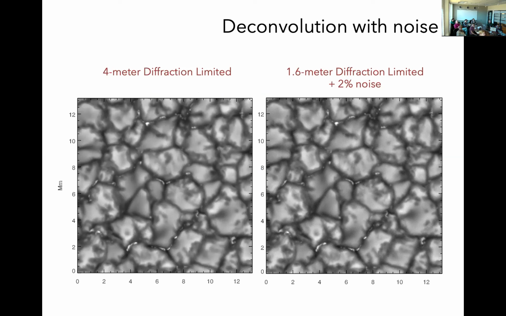I don't know if you can see that. A little bit. 2% noise isn't that much, right? The RMS of the intensities in this image is 10 or 15%, certainly in these high resolution simulations, with values ranging plus or minus 40%. So 2% noise is hard to pick out visually. You're still dominated by the structures.